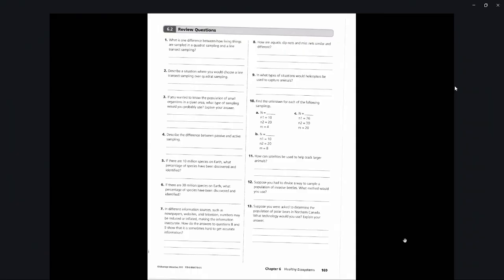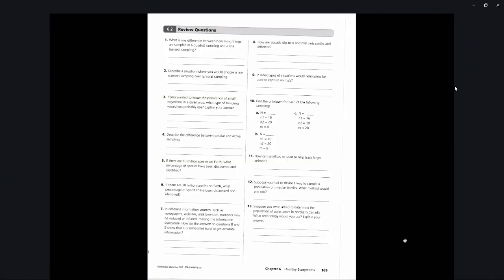Okay, question 13. Suppose you were asked to determine the population of polar bears in northern Canada. What technology would you use? Explain your answer. So you're going to get 1 mark for saying what technology you'd use, and 1 mark for explaining why you would use that technology.